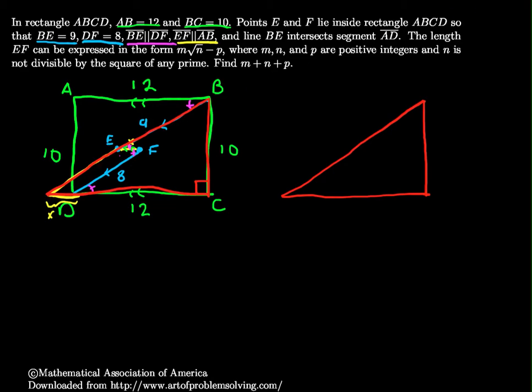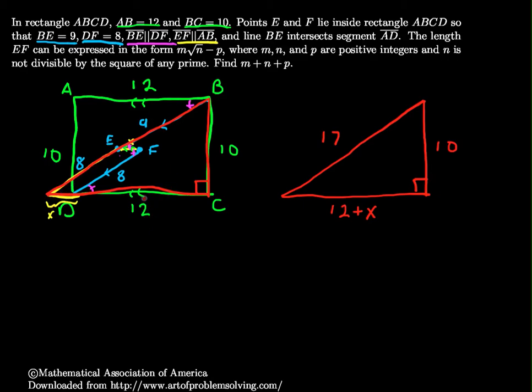This length right here, well, since this is a parallelogram that I put in right here, this is 8, and the entire hypotenuse will be 9 plus 8, 17. This leg is 10, and this leg is 12 plus x.